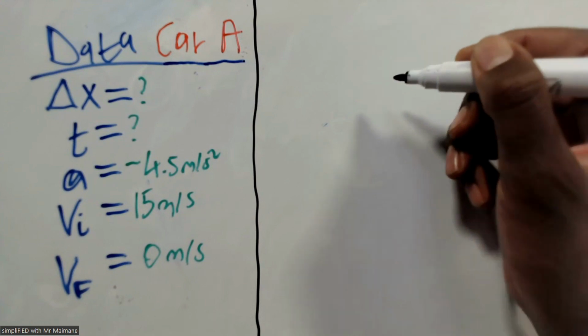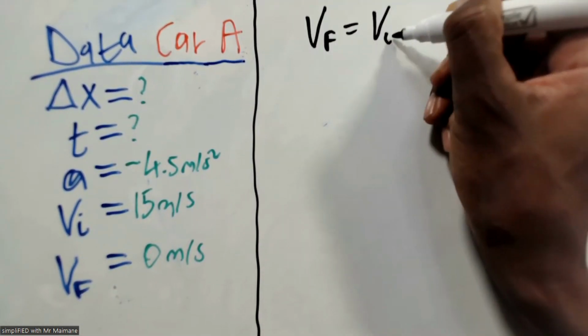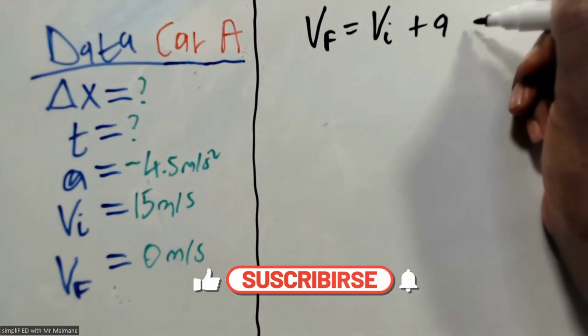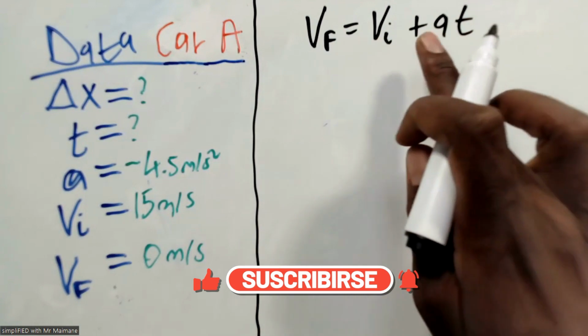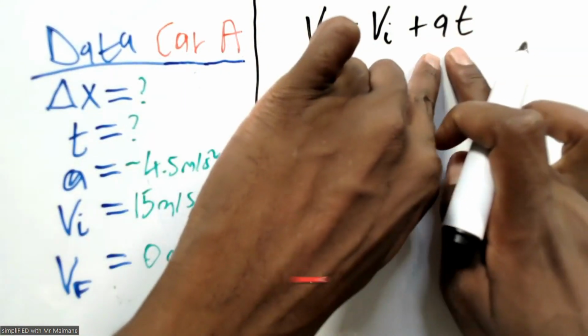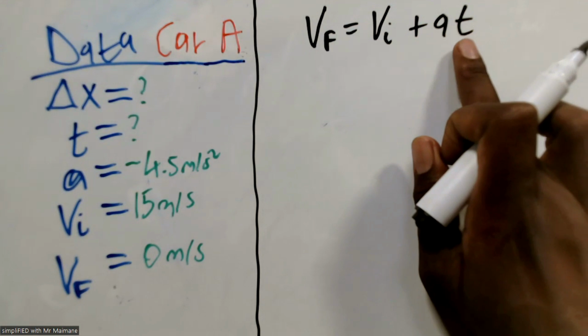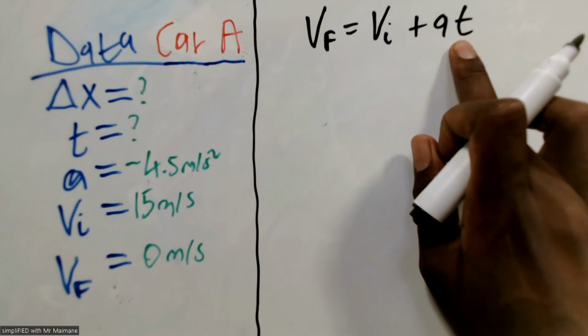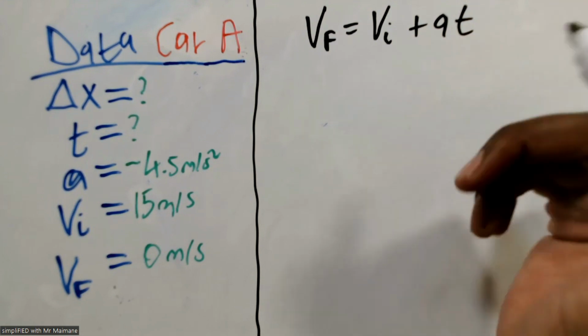The equation that I've selected is V final equals V initial plus AT, because I have the initial velocity, the final velocity, and the acceleration. I just want to calculate the time. But I should practice what I preach, because I said you must always put the variable you want to calculate as the subject of the formula first before you substitute everything.